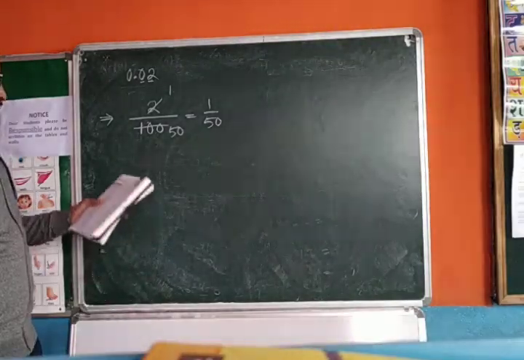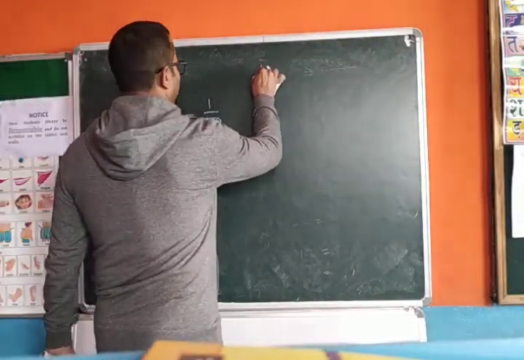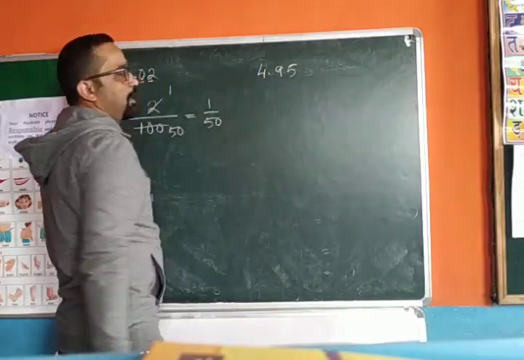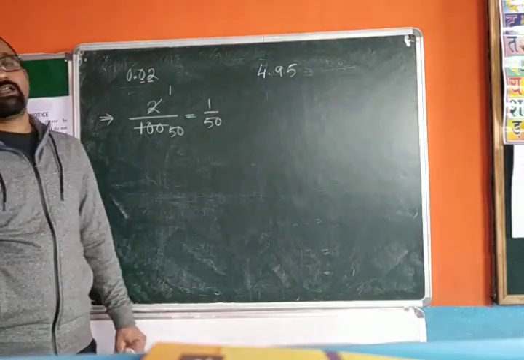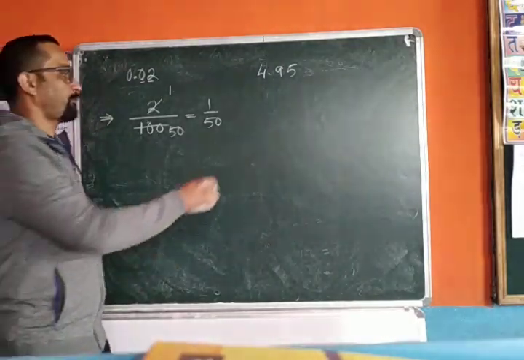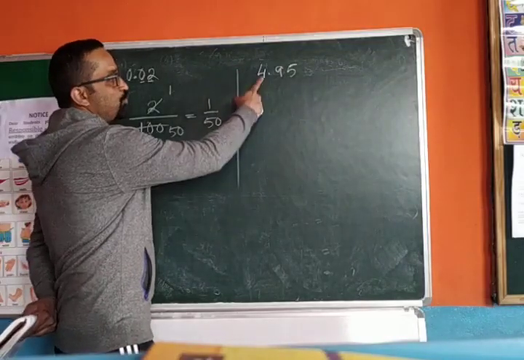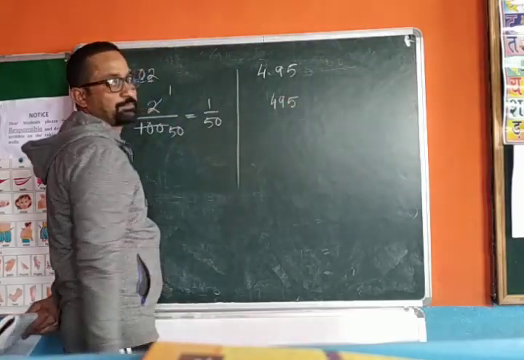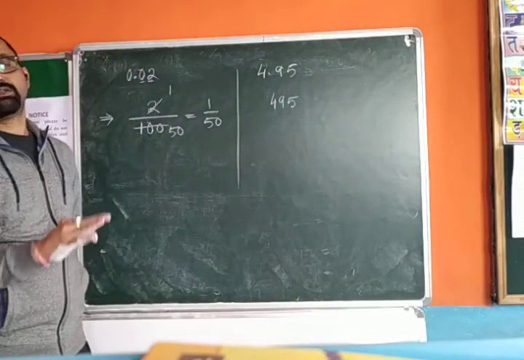Let's take another example. 4.95. Again, the decimal fraction has to be changed into a fraction first. So you copy the whole number without the decimal at the numerator.